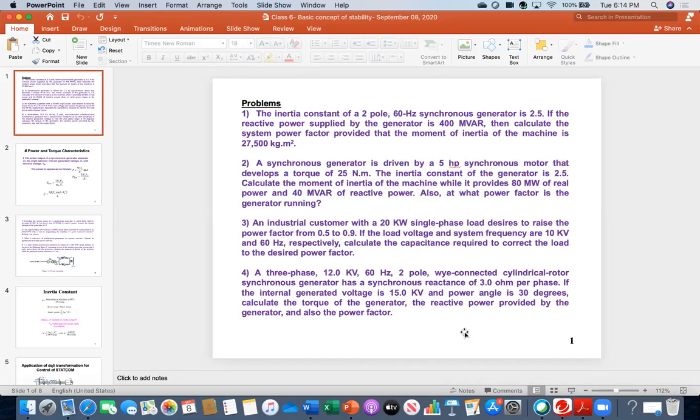Not yet, Dr. Ali. I'm still working on it because I got different numbers, so I start over. So use the 12. What is the answer for the Q value? 3.96 megavar. Okay. Kamana got the right result.